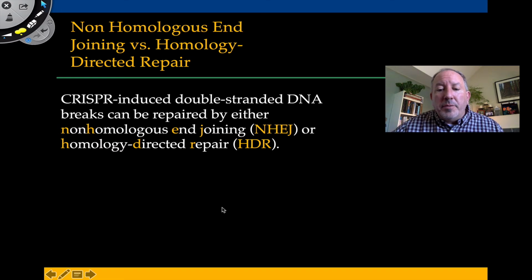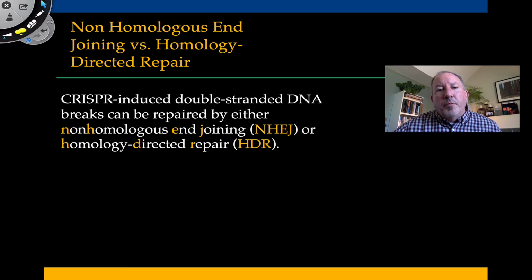And so I want to describe this because it's an important process in terms of repair mechanism. There are two basic repair systems at play here. One of them is called non-homologous end joining, versus homology-directed repair. So let me talk about non-homologous end joining first.